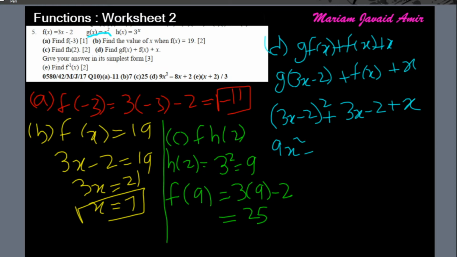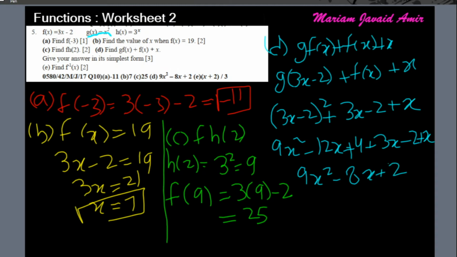So 3 times 2 becomes 12x - 4 plus 3x - 2 plus x. So 9x squared - 12 + 3 + 1 gives us -8x, and minus 4, sorry, this should be plus 4. Plus 4 minus 2 will become plus 2.